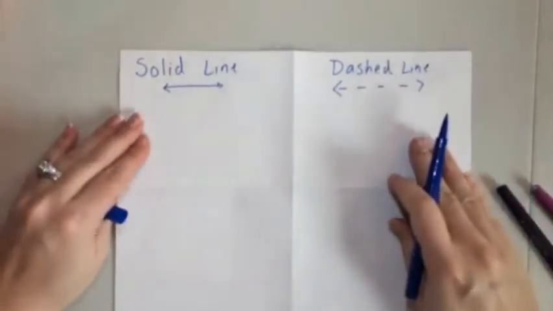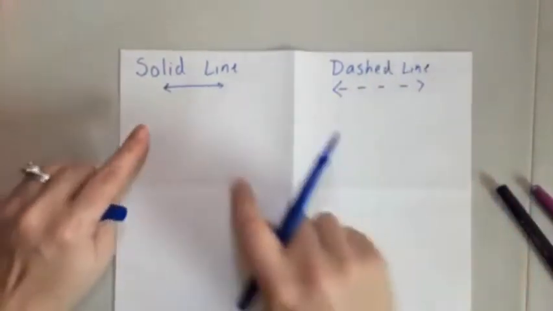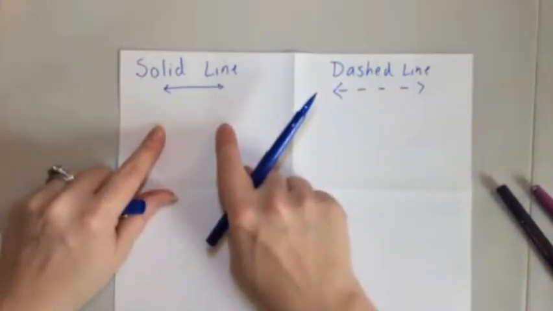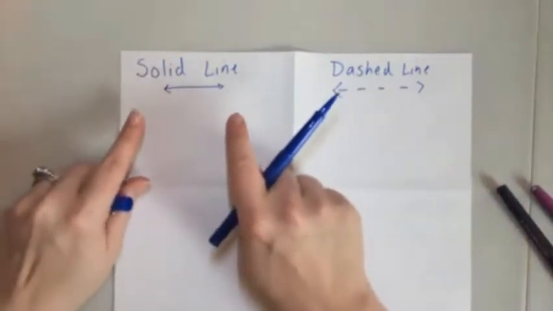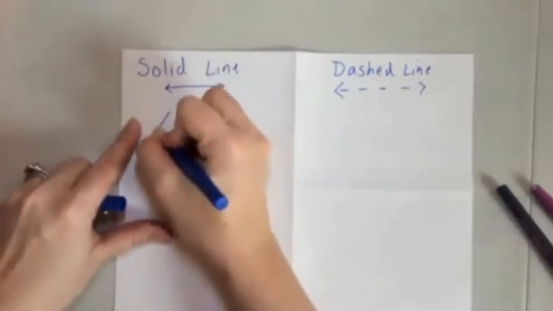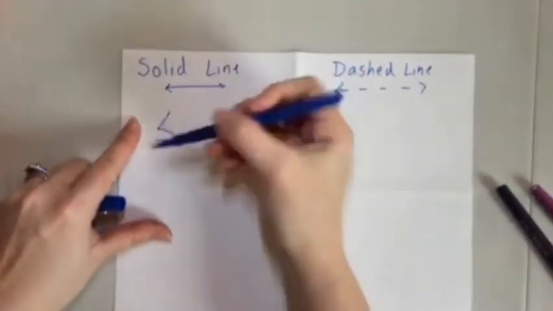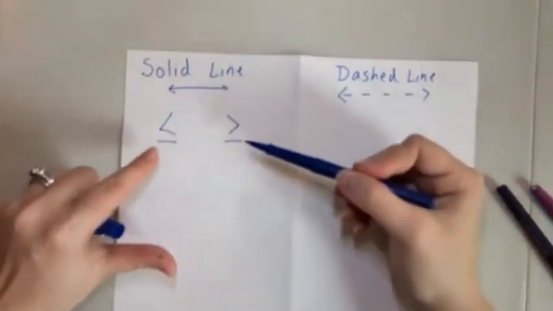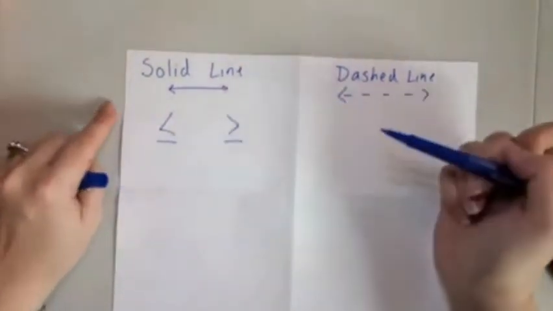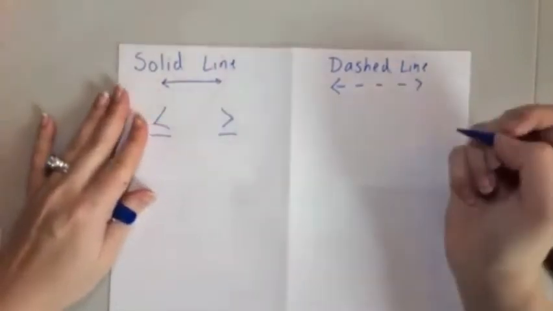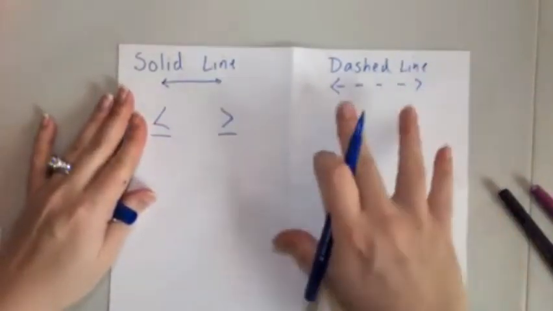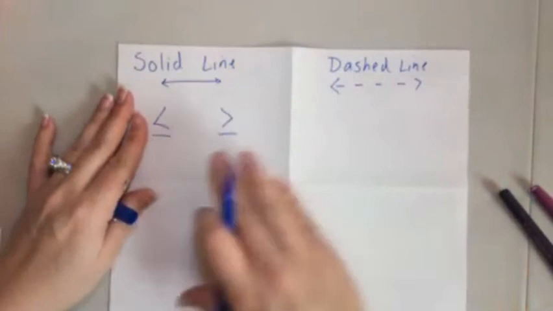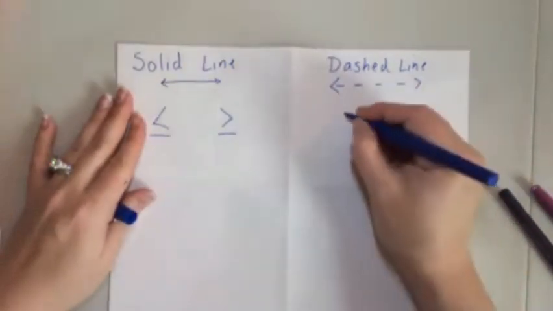Now, what we should have noticed in Desmos when we practiced there was that the solid line was used anytime you had or equal to as part of the symbol. So I'm going to draw the 2 symbols with or equal to. Here's less than or equal to, or greater than or equal to. Both of those symbols will use solid lines. Then I'm going to draw dashed line symbols. Those are going to be the less than and greater than, the ones that don't have the lines.